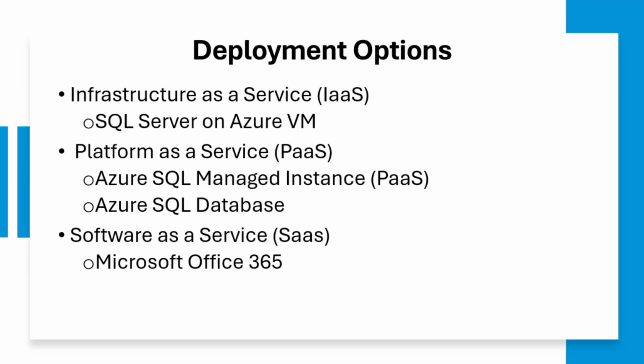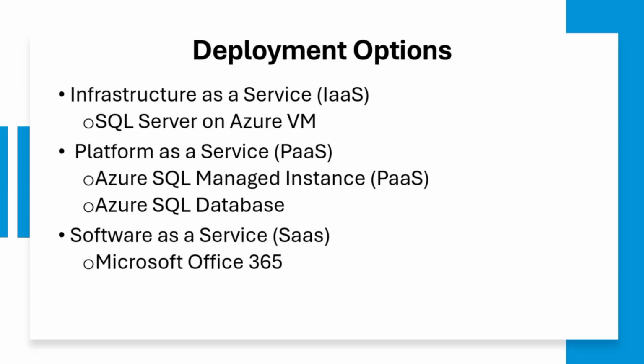Scaling up and scaling down of resources, like increasing CPU and memory, has to be manual. It's not automatic with infrastructure as a service. You can also use scripts, maybe PowerShell scripts, to increase, but it's not automatic as part of the Azure deployment model.